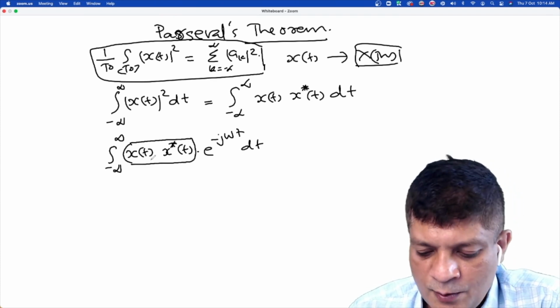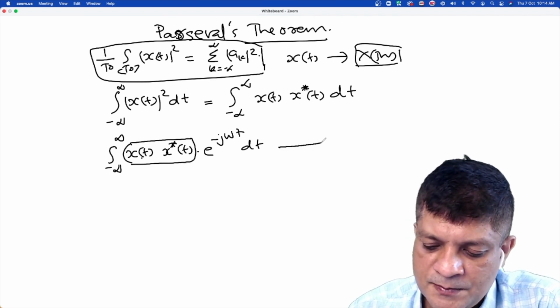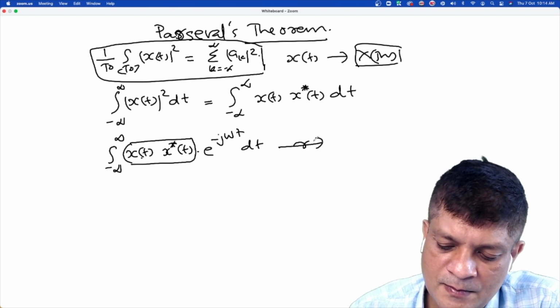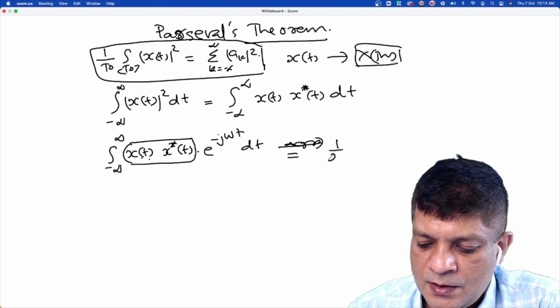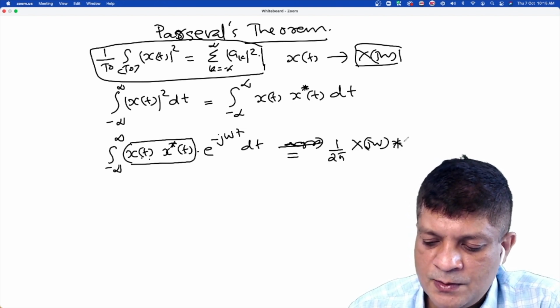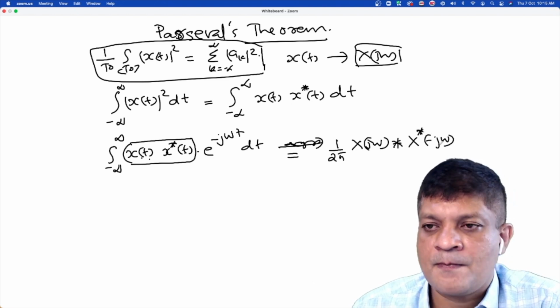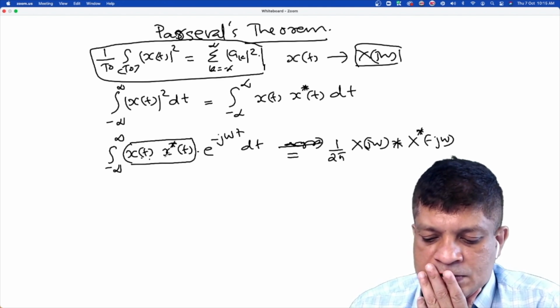Now, what is the Fourier transform of x(t) x*(t) using the properties? This is equal to 1/2π X(jω) convolved with X*(-jω). Yes, this one.